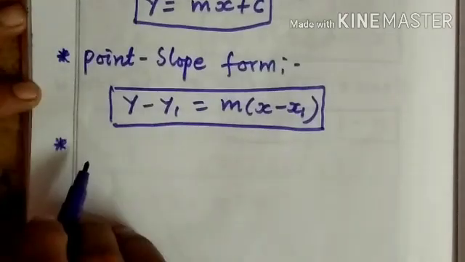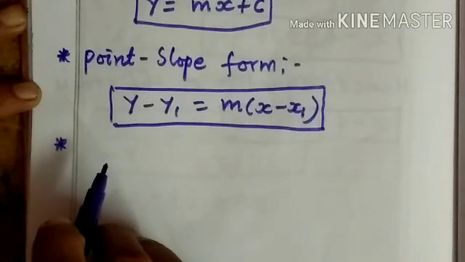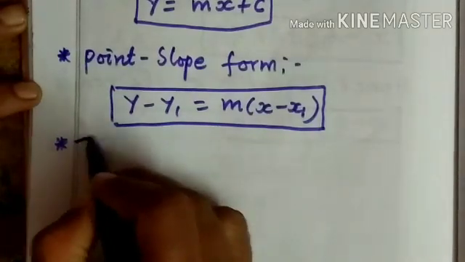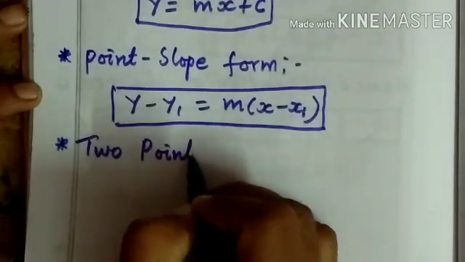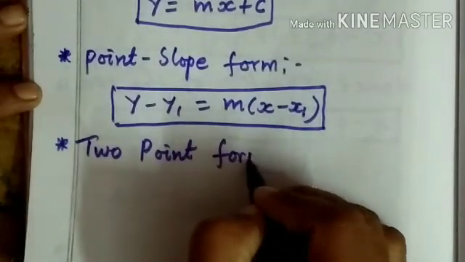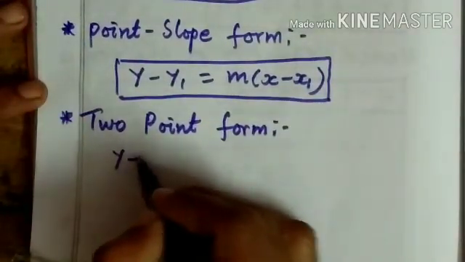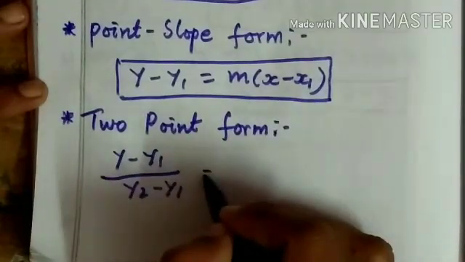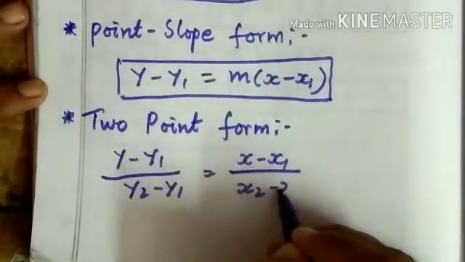Next formula, if a straight line passes through the points x1, y1 and x2, y2, then the equation of the straight line by two-point form is y minus y1 by y2 minus y1 is equal to x minus x1 by x2 minus x1.